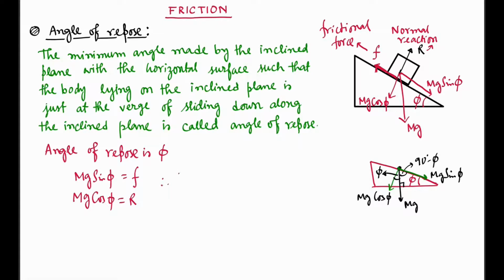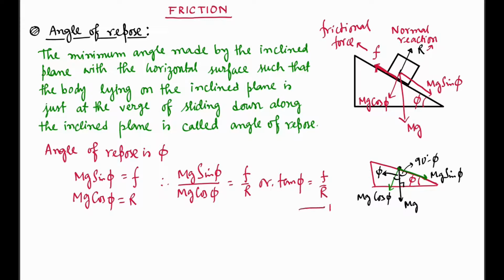Therefore, mg sin phi by mg cos phi is equal to F by R, or we can write that tan phi is equal to F by R.